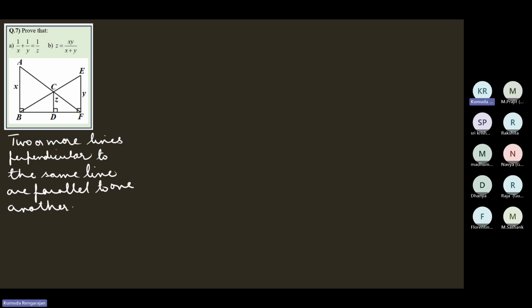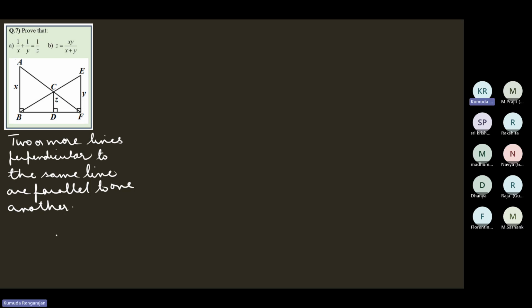So here you can see AB, CD, and EF. We see these three segments AB, CD, and EF all perpendicular to the same line BF. So by this theorem, the three line segments are parallel to one another. AB is parallel to CD is parallel to EF.